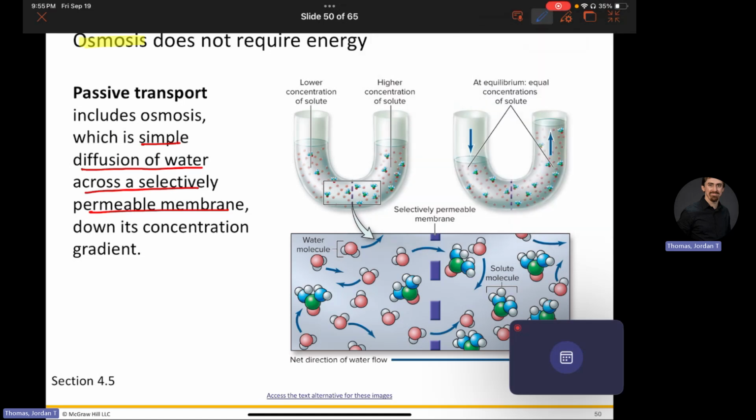In the example here, we have all these water molecules, these red circles with two little dots on them. We have a lot on the left and little on the right, so they travel to the right. Still diffusion, still passive transport, going down the concentration gradient without energy needed. But with osmosis, we deal with water specifically.